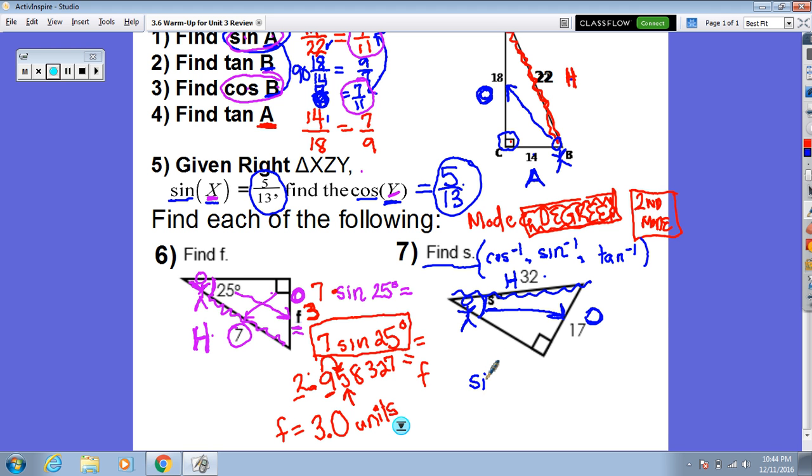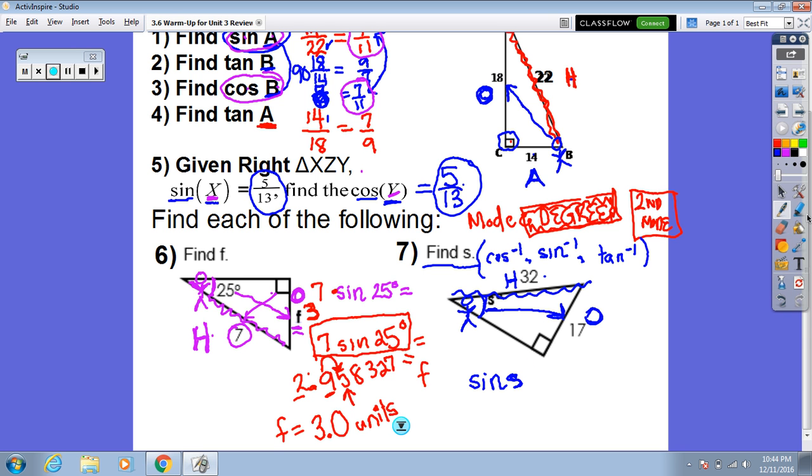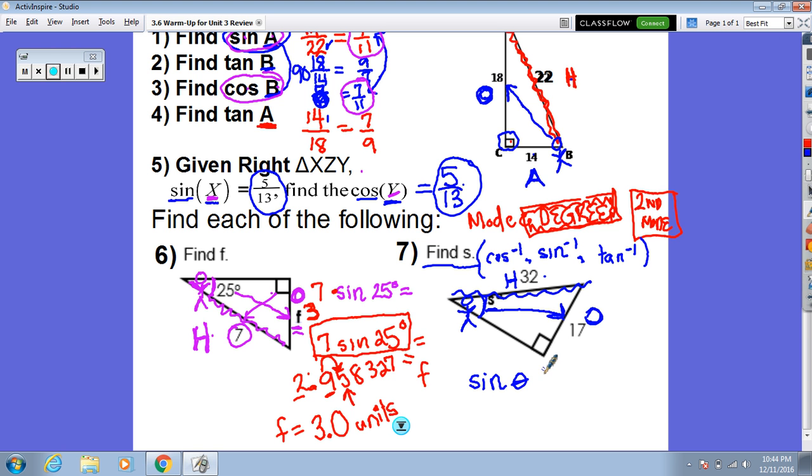We're going to do sine of S, or you can say theta, or you can say X if you don't like using S here. Okay? Matter of fact, I'm going to change mine to theta because normally when we're solving for the angle, we refer to it as theta. Alright, equals opposite, which is 17, over hypotenuse, which is 32.